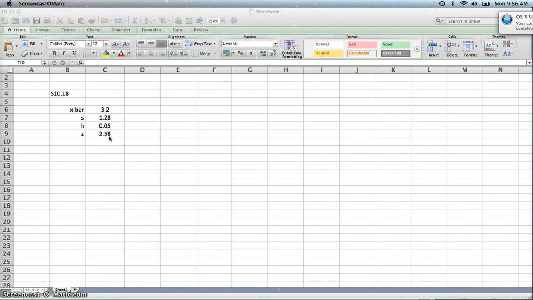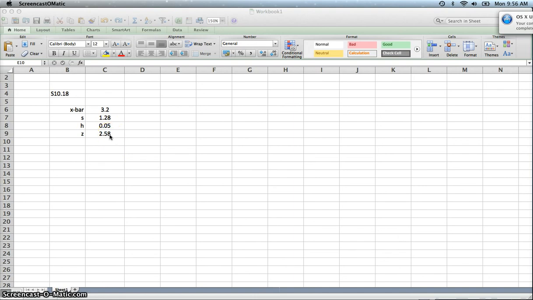A 90% confidence is 1.65, a 95% is 1.96, a 95.45 is 2, 99 is 2.58, and 99.73 is 3. These are basically normal distribution, what they can capture within certain standard deviations, or the z-values. And so 2.58 captures 99% of the distribution.